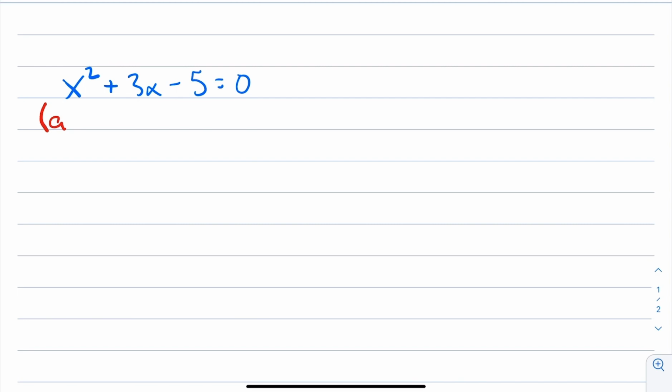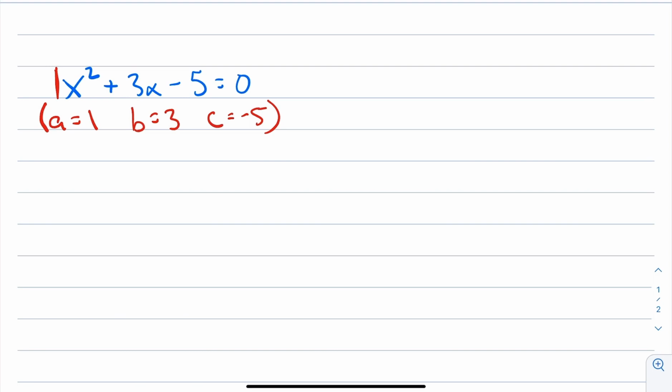If we don't see anything there, we know there's a 1. So a is going to equal 1. The b is just the number in front of the x, so that is +3. And the c is the constant at the end, so that's -5. Notice now that a, b, and c are just numbers. They don't have x's in them.